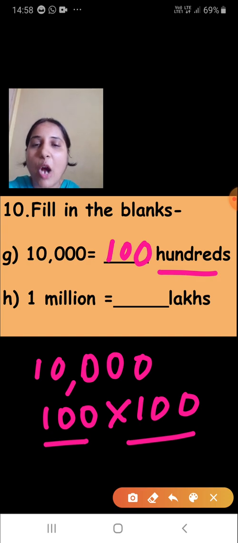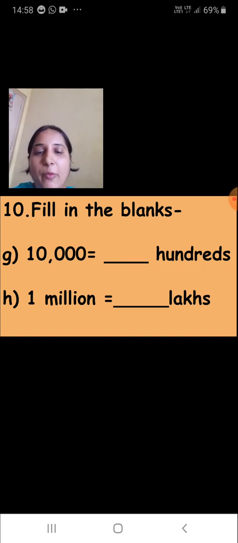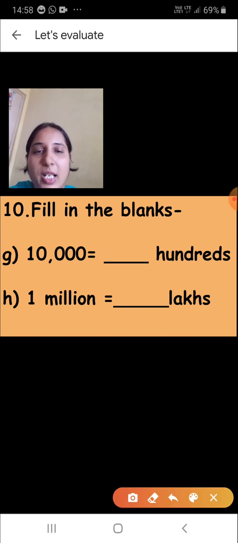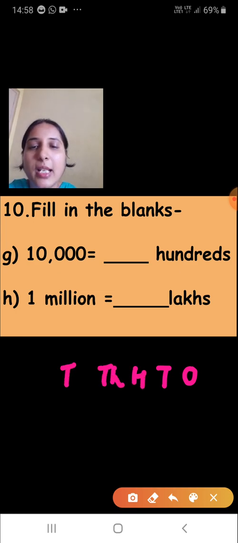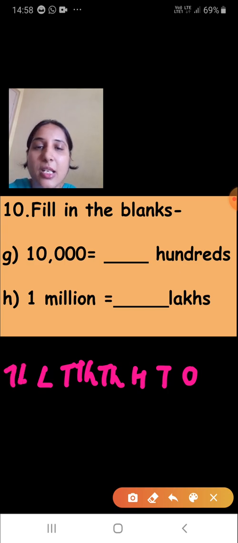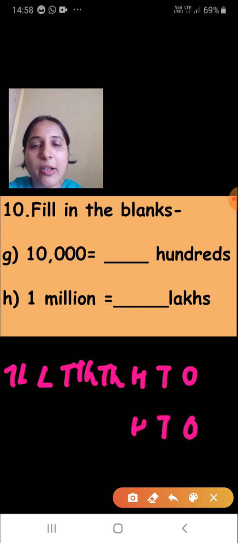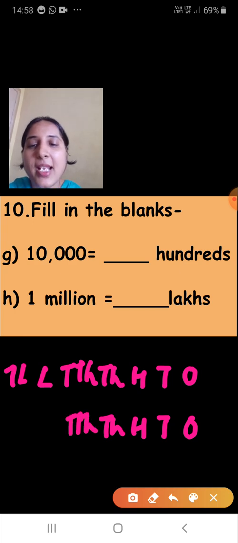Now let's see number 11. 1 million is equal to how many lakhs? So let's write first. This is ones, tens, 100, 1,000, 10,000, then lakh, 10 lakh. This is the Indian system. Now let's write the places of the international system. Ones, tens, 100, 1,000, 10,000, then what comes next? 100,000 in international, and then million.